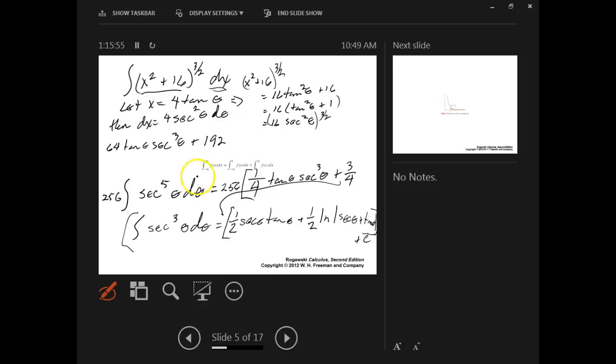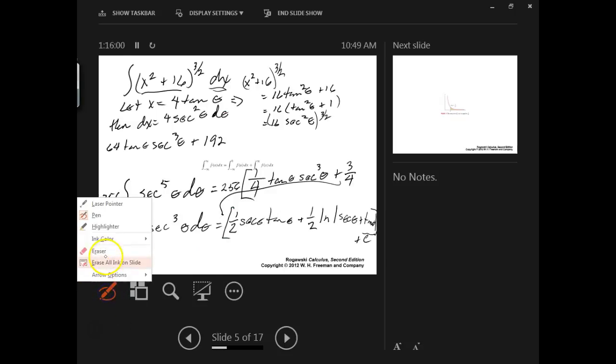And I'll divide that by 2 because of the 1/2 here.